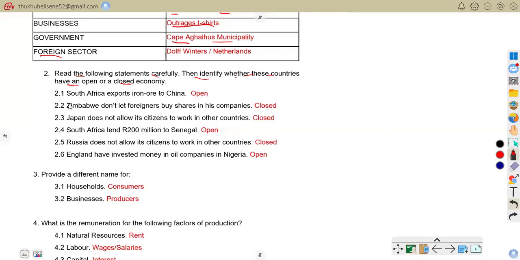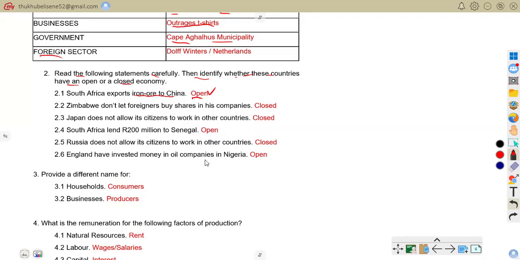As 2.1, South Africa exports iron ore to China. So that is an open economy, because they are able to export, they can trade with China.